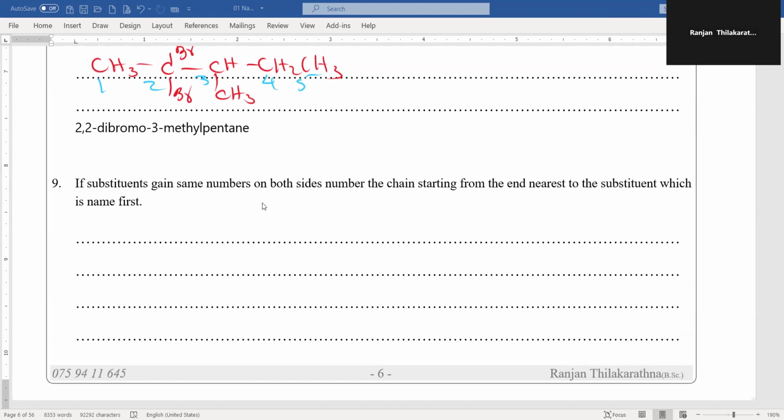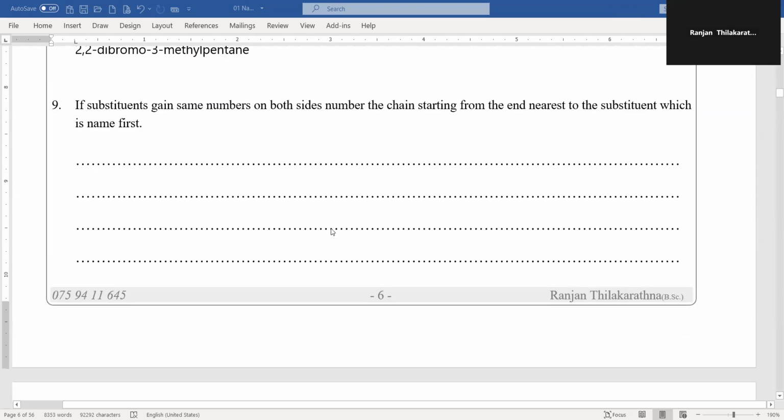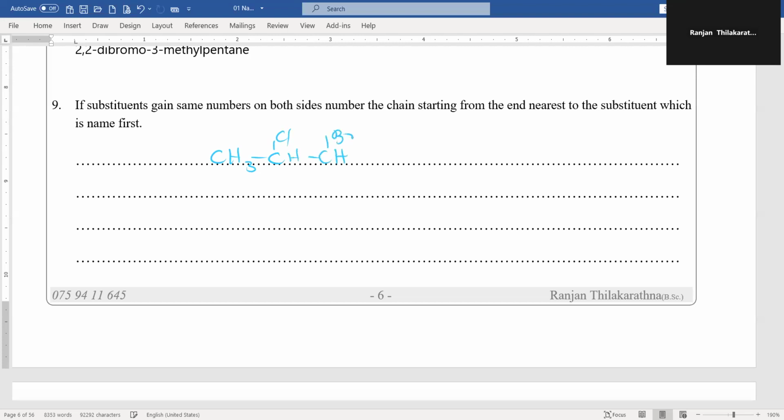Then if substituents get the same number on both sides, you will give priority to the side which you are going to name first. And if you have CH3, CHCl and CHBr and CH3, then you can number the chain 1, 2, 3, 4. Then the substituents will get 2 and 3.